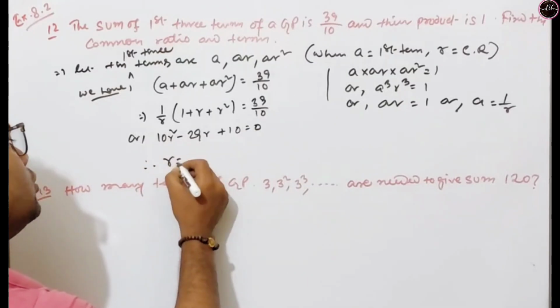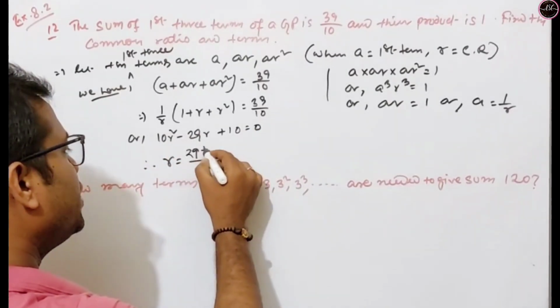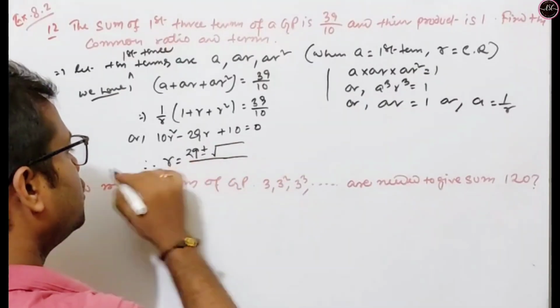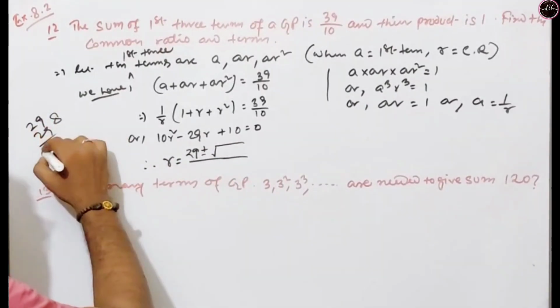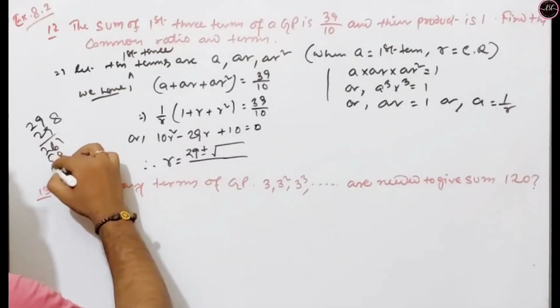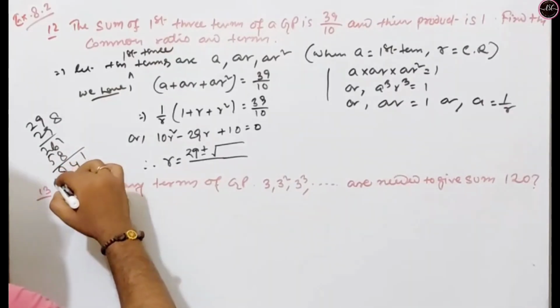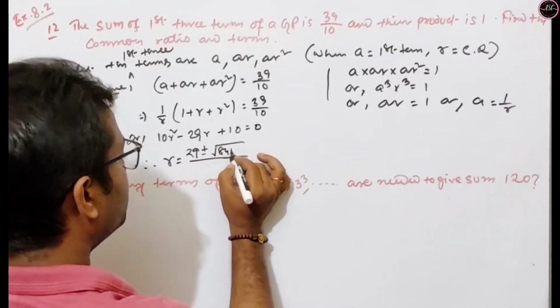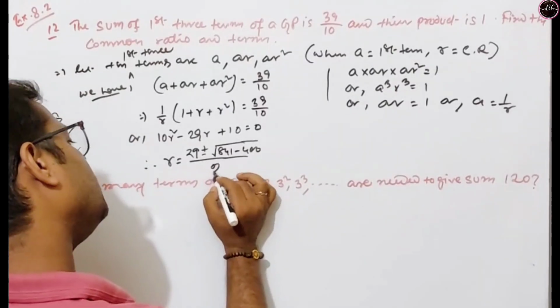Therefore r equals, just apply the Sridharacharya formula: 29 plus minus root of 29 square, that means 29 into 29, 841, minus 4ac, that means 400, divided by 2a, that means 20.